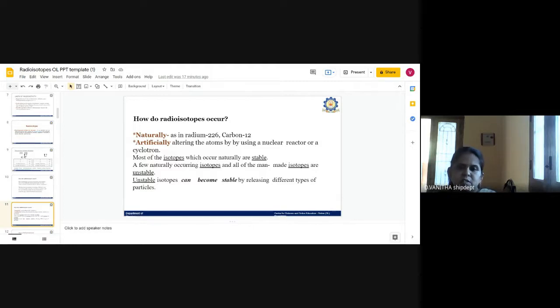The man-made isotopes are artificially produced radioactive isotopes made using a nuclear reactor and cyclotron, by which we can make them unstable. Unstable isotopes can become stable by releasing different types of particles. After releasing alpha, beta, gamma particles, the unstable isotopes become stable.